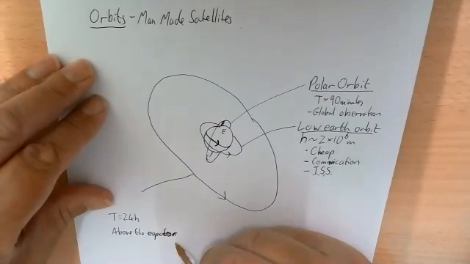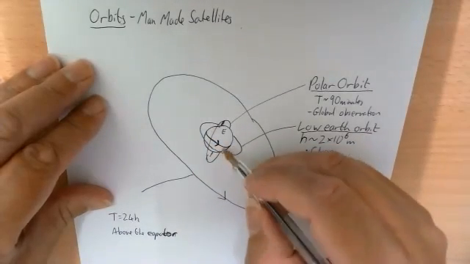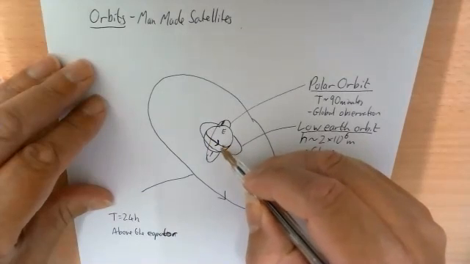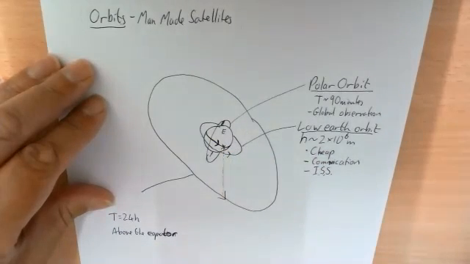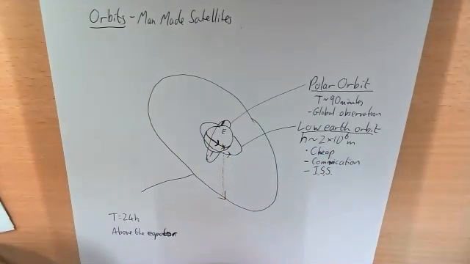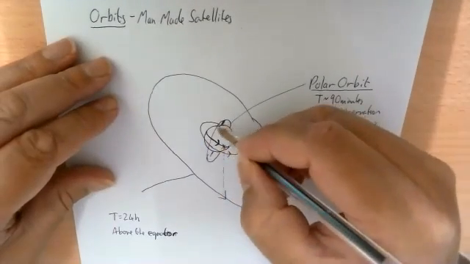It's above the equator. So it's going round, but it's matching the rotation of the Earth. So imagine you're stood, say here. That satellite would be above the equator, but would always be in the same position in the sky at any time of day. So that is basically synchronized with the rotation of the Earth.